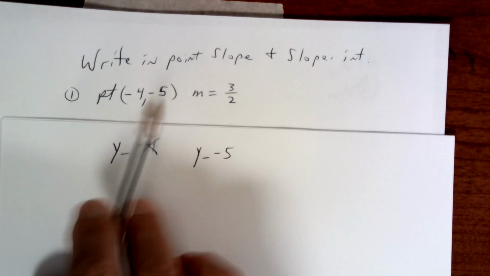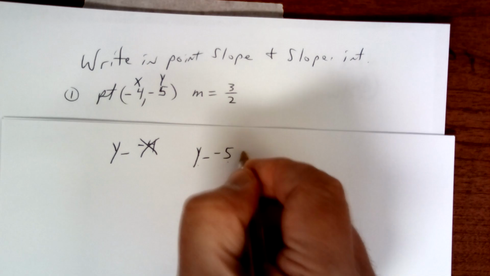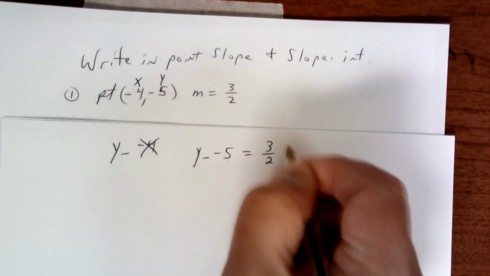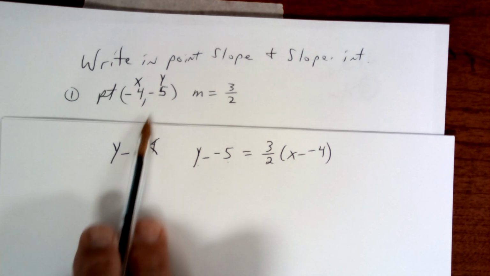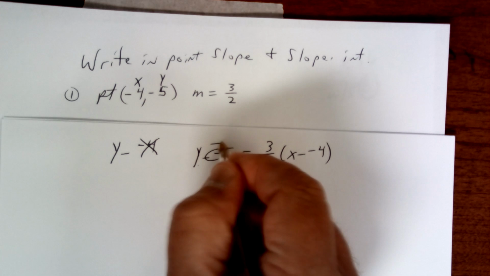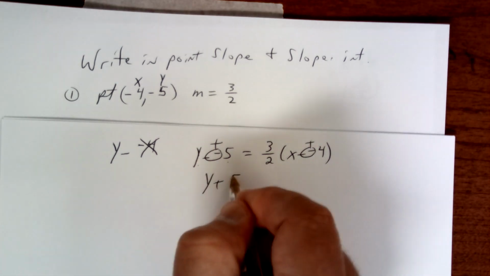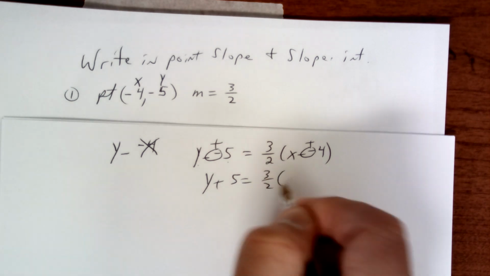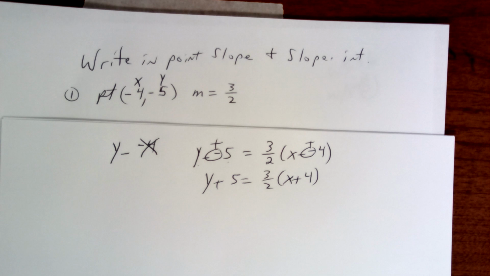X, y. Y minus y equals the slope times x minus your x. Okay, so you got to switch these. Now this becomes a plus, this becomes a plus, and then you're done. Any questions on how to do point slope? Okay?